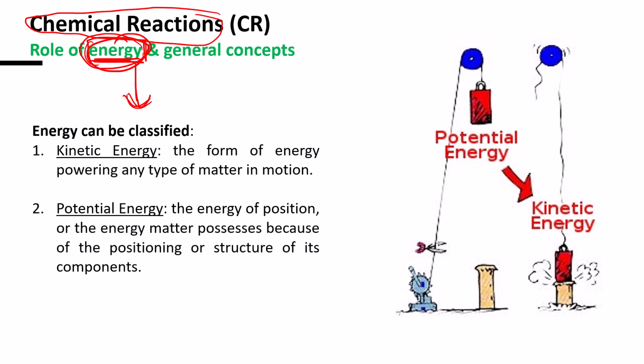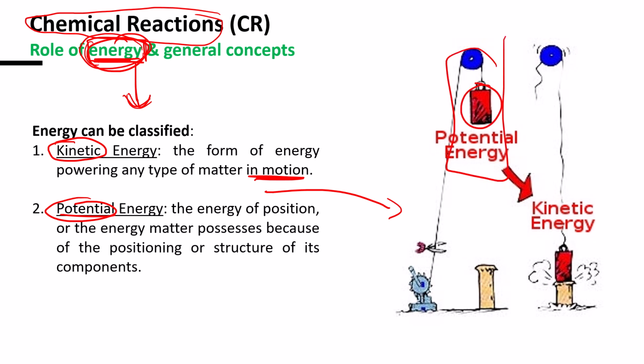This is related to kind of physics, right, to some degree. There are two types of energy: kinetic energy, which is the energy in the form of motion, or when matter moves, and potential energy, which, as the name implies, is the potential of something to generate energy. This illustration makes this concept very clear. In this first portion you have this big block, and it has potential energy.